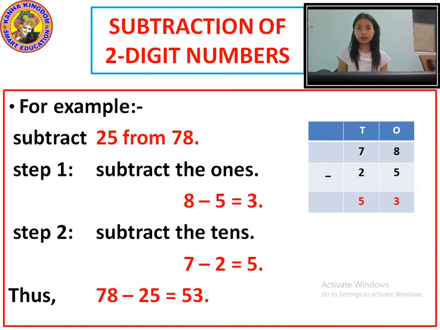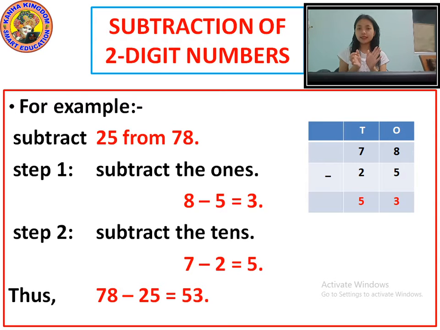Now we are going to learn about subtraction of two-digit number. An example of a two-digit number is 10. Numbers 1, 2, 3, 4, 5, 6, 7, 8, 9 are one-digit numbers.